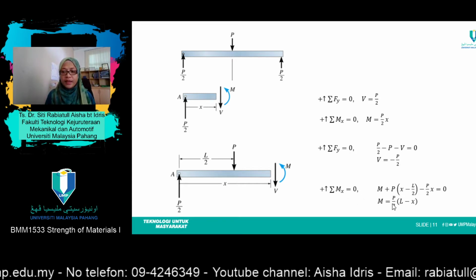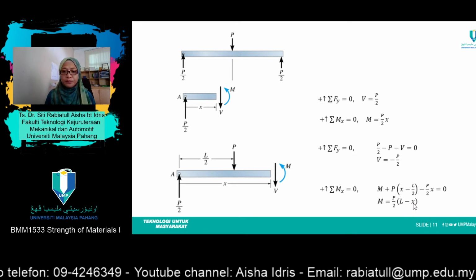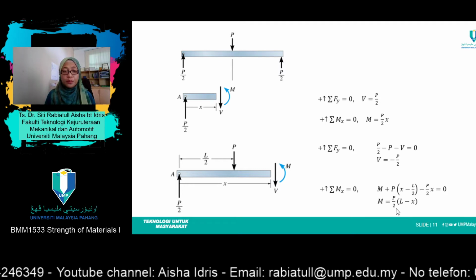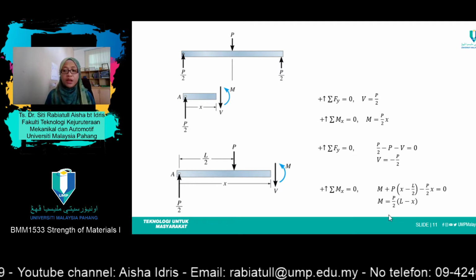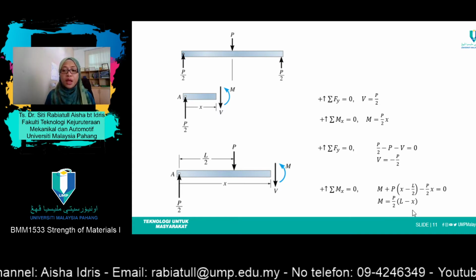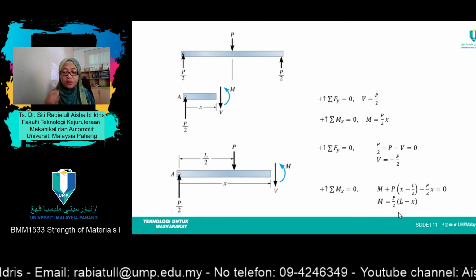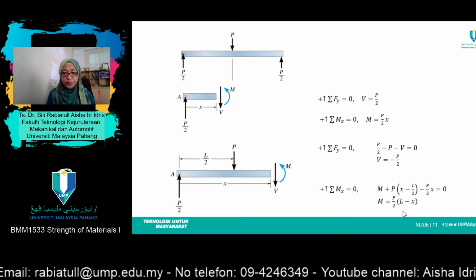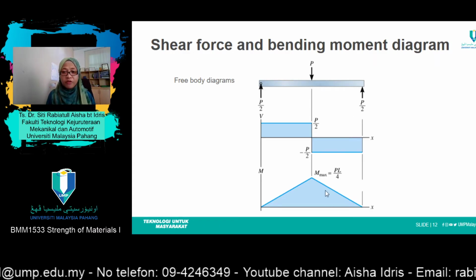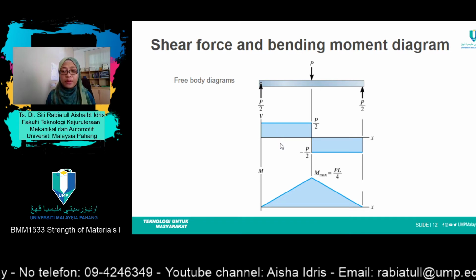For moment, when X equals 0, M equals PL over 2, and when X equals L, M equals 0, and when X equals L over 2, it will be PL over 4. So this is how you draw the graph.